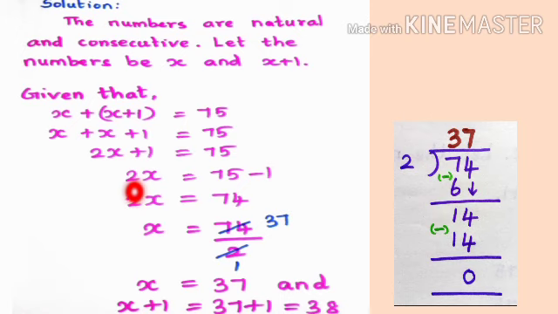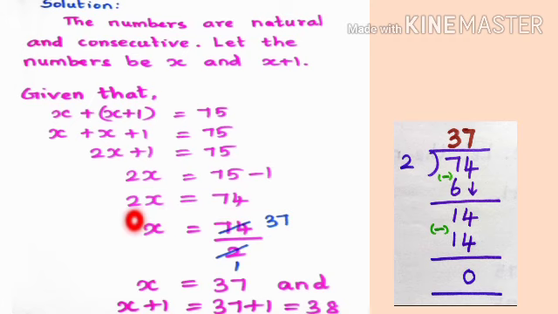Yes, it is isolating the variable by reversing the mathematical operation as the numbers are transferred to the other side of the equation. So, by using that method, plus 1, when it crosses the equal to sign, becomes minus 1. And here we get 2x is equal to 74.